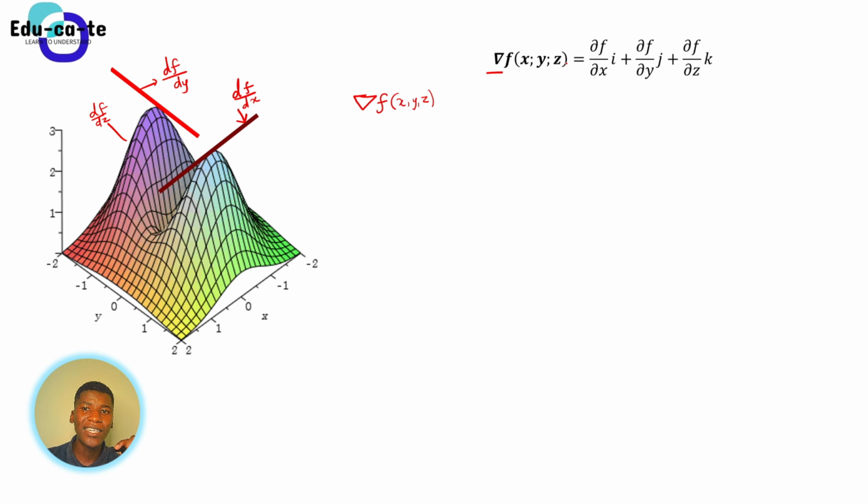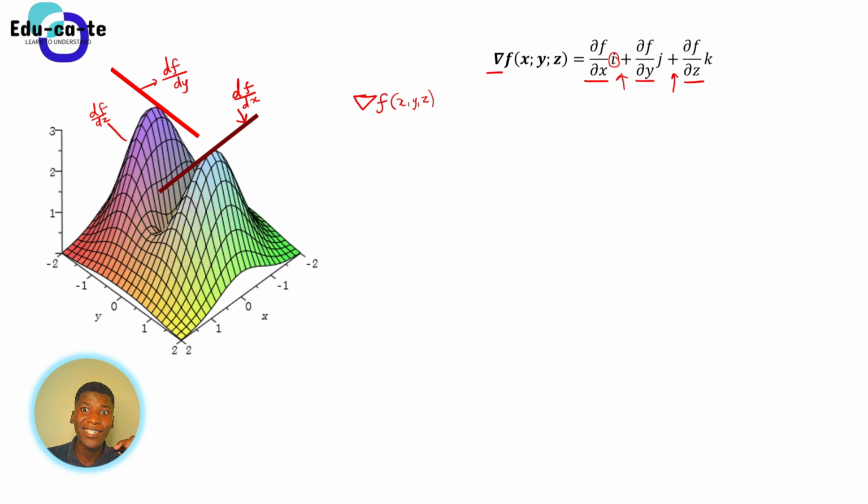To find the gradient of a multivariable function, you first calculate the partial derivative of the function in terms of x, then you calculate the partial derivative in terms of y, then the partial derivative in terms of z. Then you add all these 3 partial derivatives, multiplying by i, j and k.